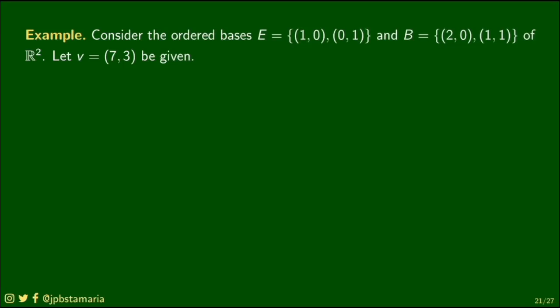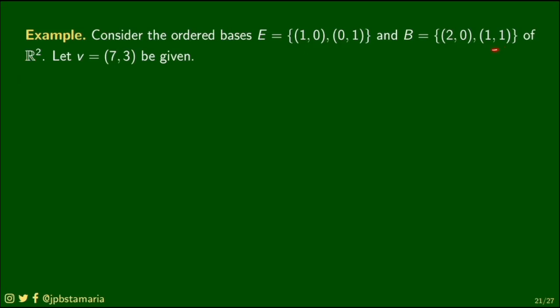To further explain this, let me show you this example. Consider two ordered bases for R2. The first one is the standard basis. The second one is B, consisting of (2, 0) and (1, 1). You can check that this is a basis because it is linearly independent and R2 is dimension 2.